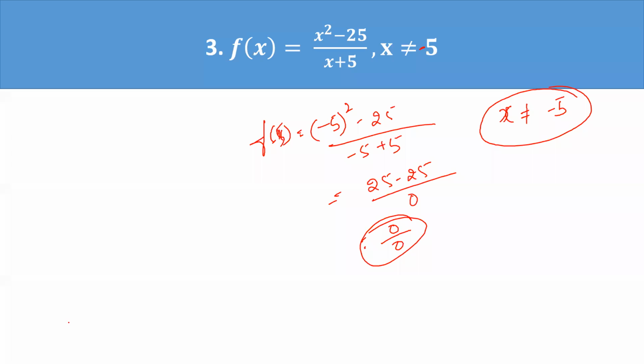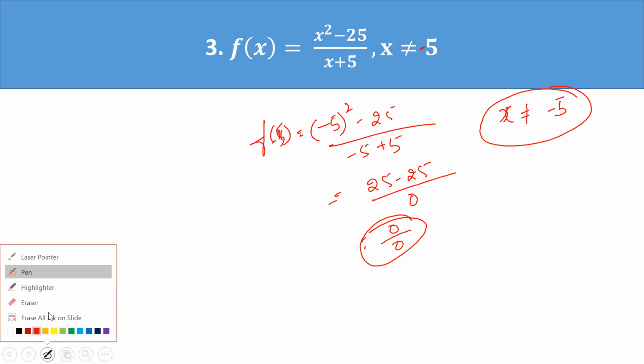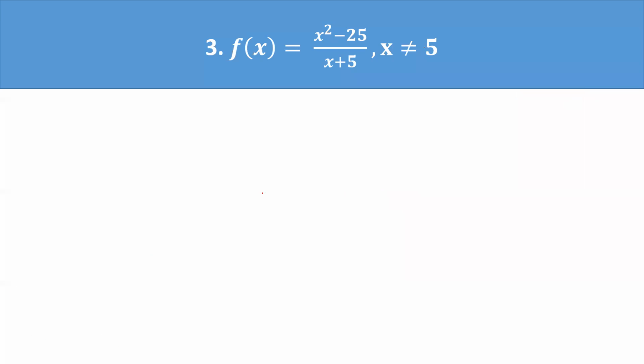Okay, so now before you continue, as Niti Lakshmi told, we can split the factors. That is f of x is equal to x square minus 25 divided by x plus 5. Can I write 25 as 5 square? So it is x square minus 5 square divided by x plus 5.